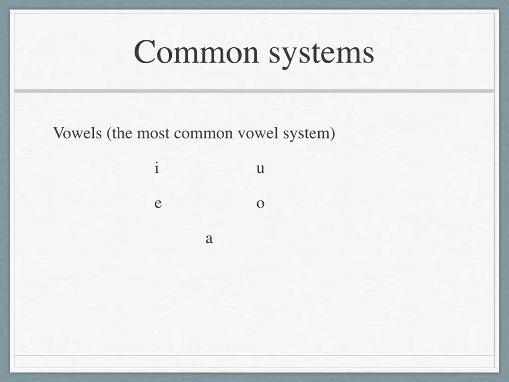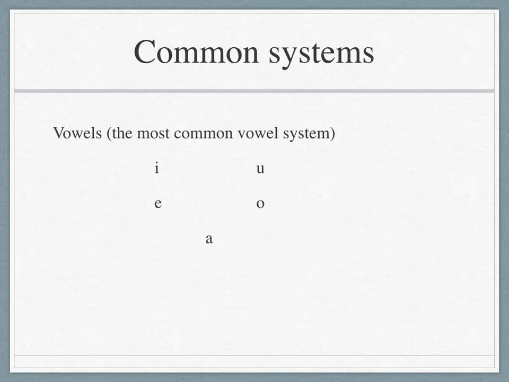Moving on to vowel systems and how we can talk about markedness. The most common vowel system has 5 members, and you should look at this chart here and assume that it's in IPA.